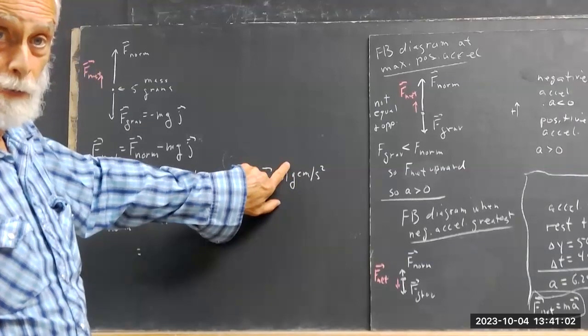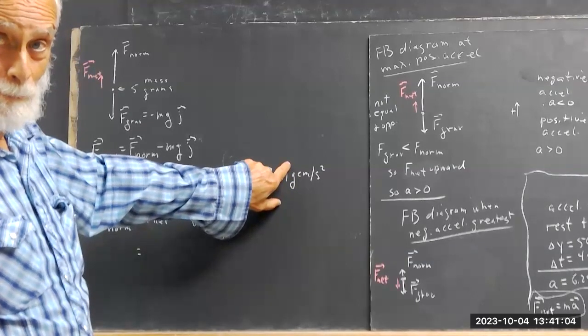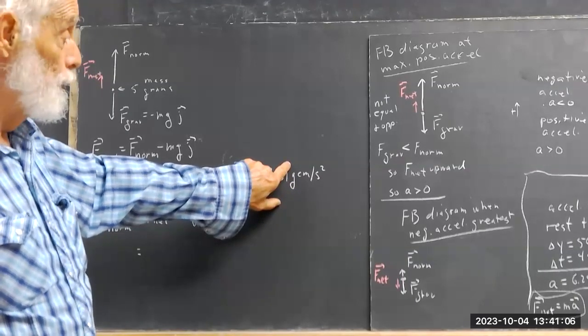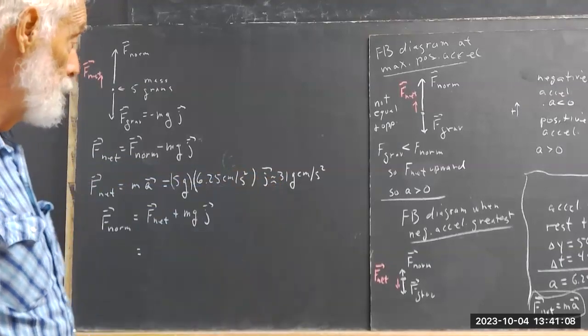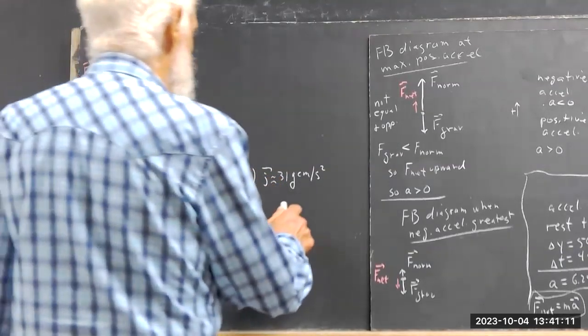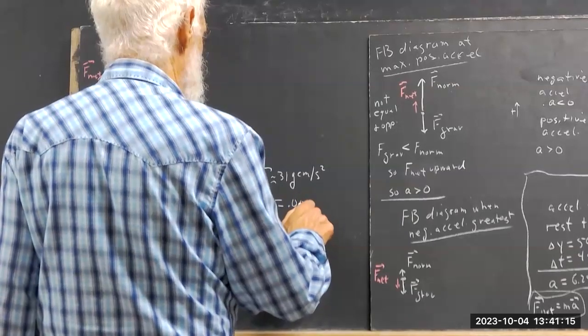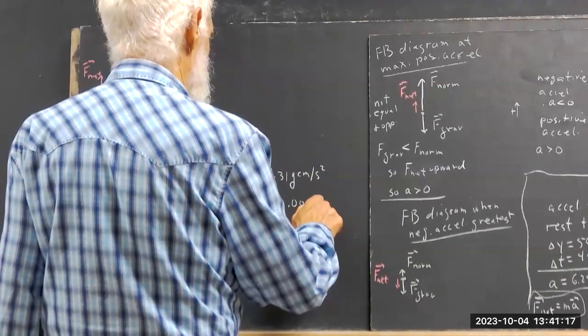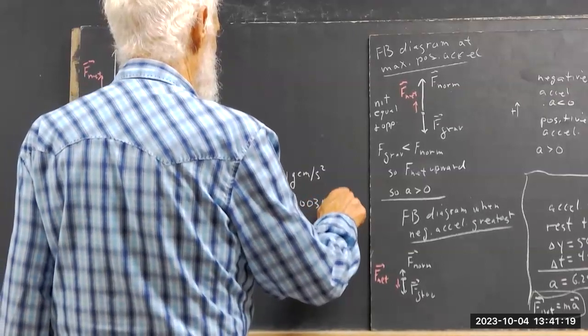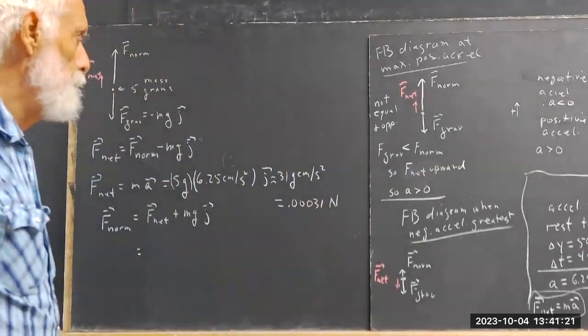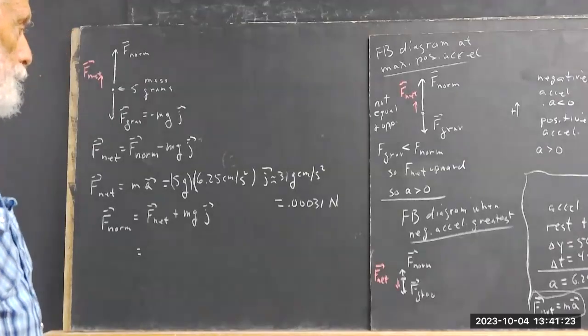It's 100,000th of a newton. Okay. So you're going to divide 31 by 100,000. You get this.